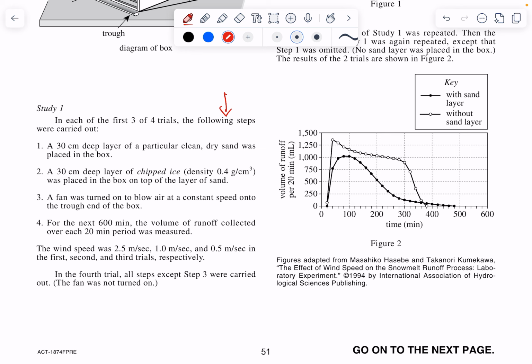A fan was turned on to blow air at a constant speed onto the trough end of the box. For the next 600 minutes, the volume of runoff collected over each 20-minute period was measured. And they have the wind speeds. In the 4th trial, all of the steps except step 3 were carried out. So the fan was not turned on.